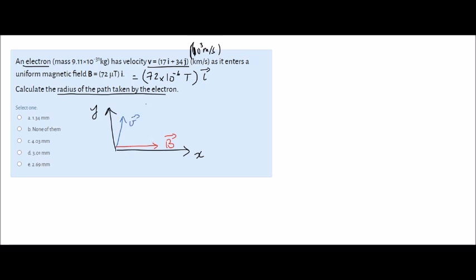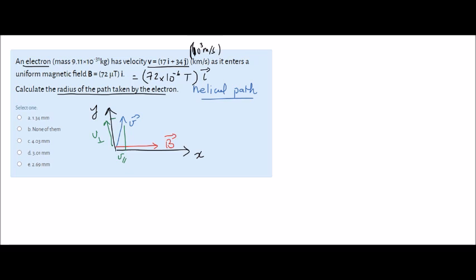So which path do we have? Helical path. Very important, because the expression of the radius depends on that. The radius of a circular path is not exactly equal to the radius of a helical path. They are different. So here we have v perpendicular, v parallel, okay?